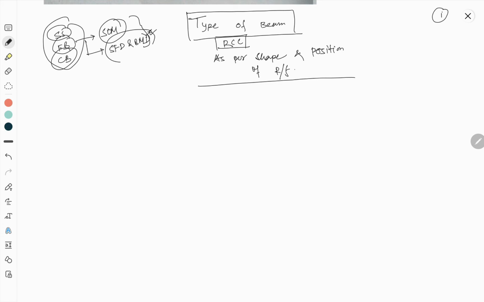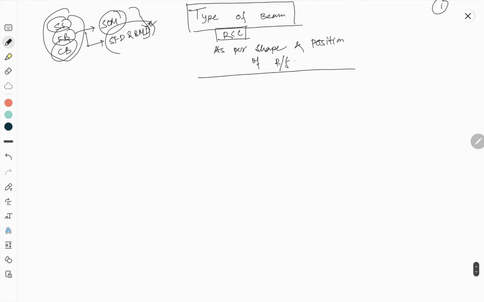So basically, broadly we classify this topic into four sections. Number one, singly reinforced section. Doubly reinforced section.